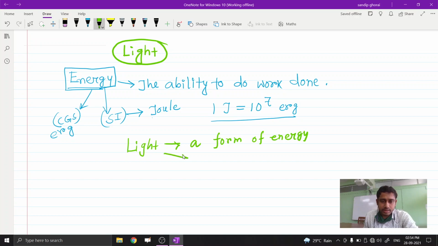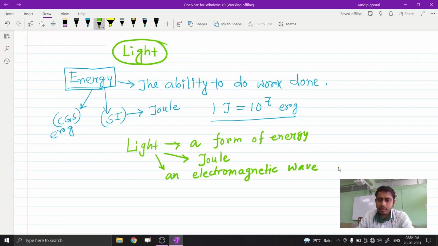It is generally expressed in the SI unit joule, and it is also an electromagnetic wave.